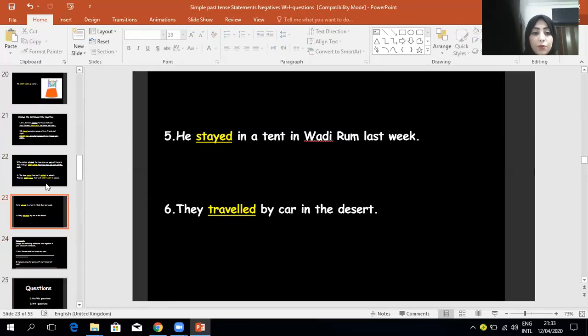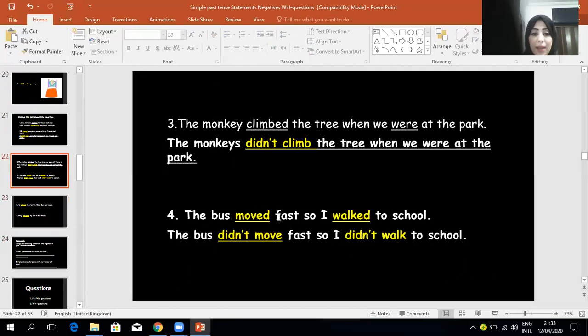The bus moved fast, so I walked to school. The bus didn't move, so I didn't walk to school. So I change here two verbs, moved and walked. According to understanding the sentence, the bus moved fast, so I walked to school.